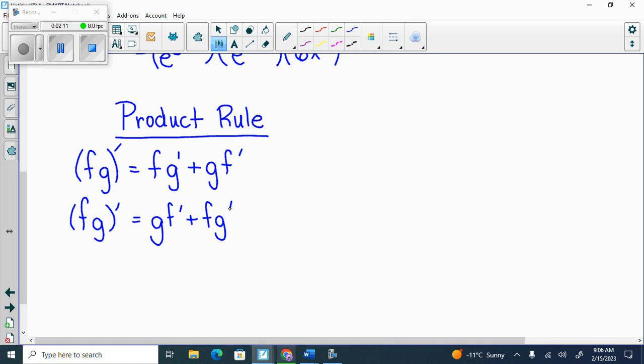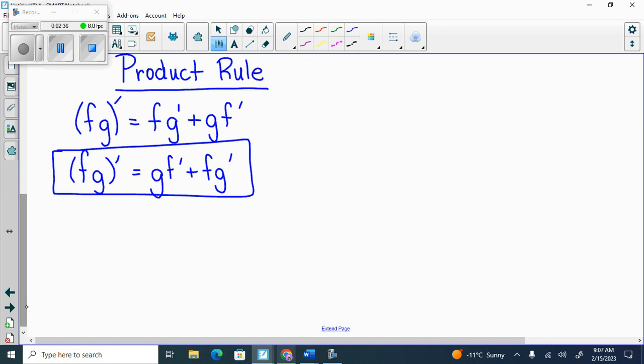So I just write the product rule like this. So I memorize it like this. So when I get the quotient rule, I just have to put a minus sign in and a g squared on the bottom. It'll always show it this way. But if I switch these because of the plus sign, it doesn't change anything. So I always switch it. And I write it as g f prime plus f g prime. And then quotient rule is just a minus sign in between, if you do it the second way. Okay?